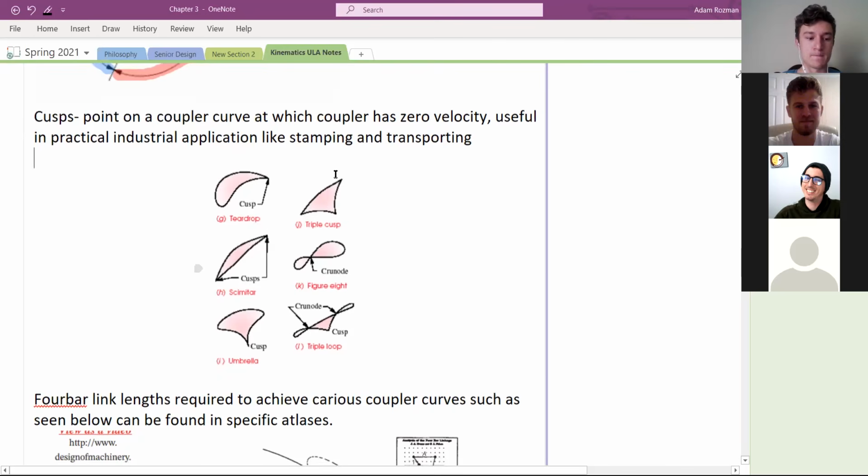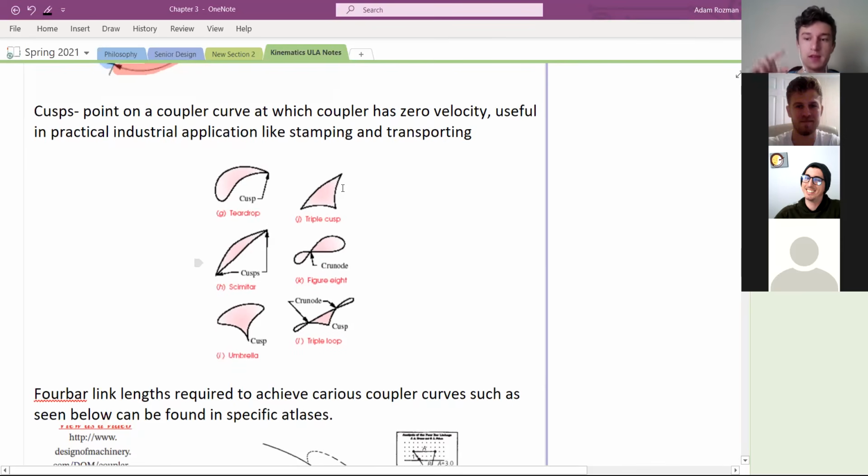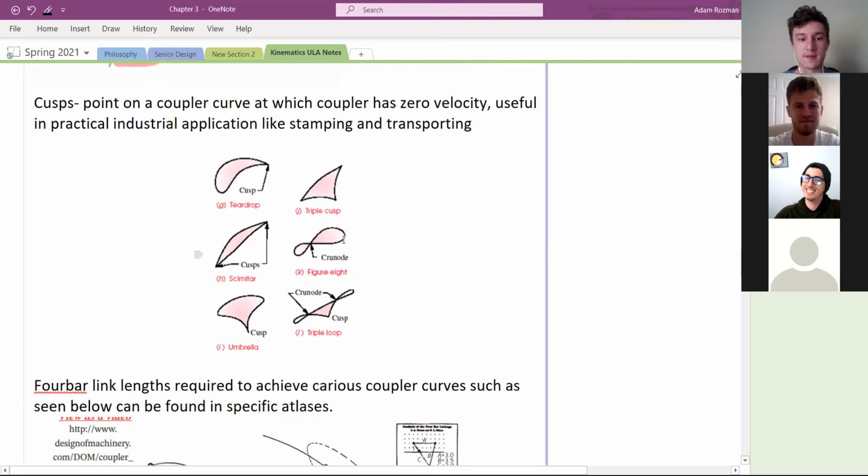So the coupler will have 0 velocity at that point. Practically, if you're on an assembly line and you need to move your product from here to here, and then pick it up with another mechanism and move it from here to here, you want to make sure that happens at the cusp.